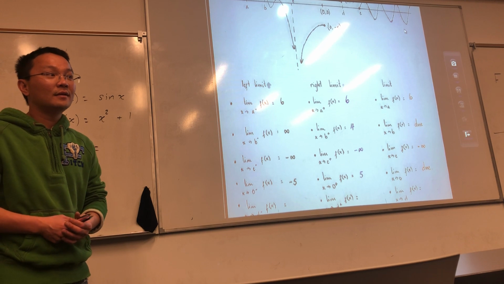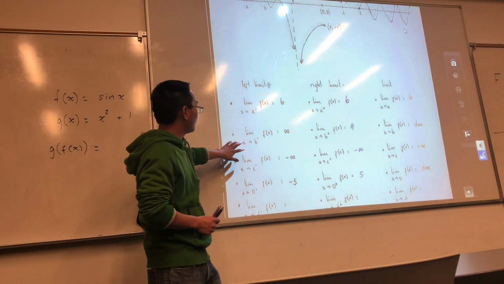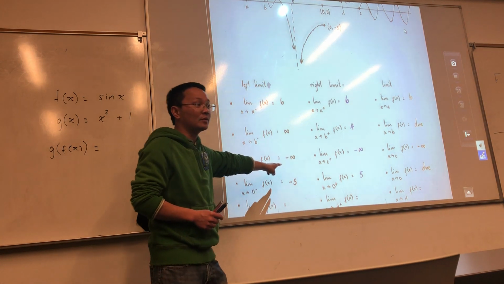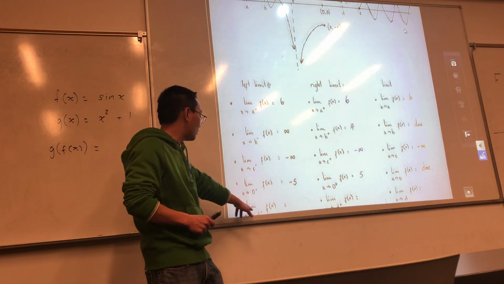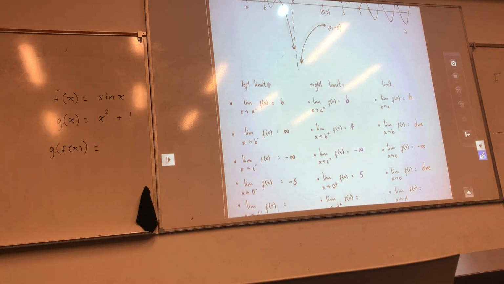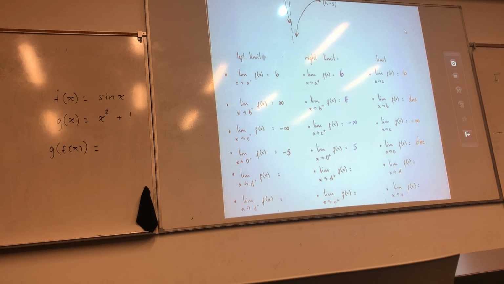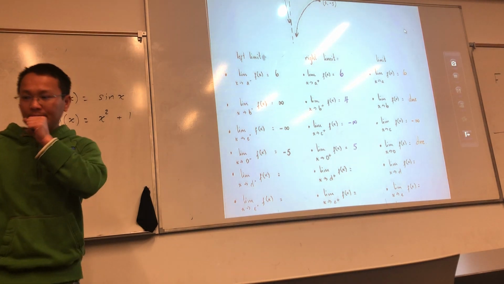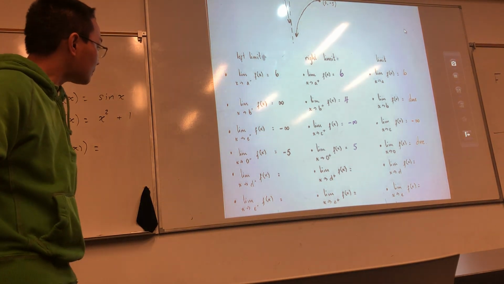Yeah? Okay, since we kind of flopped a little bit on the left limit, let's do one more to make sure. Is that okay? So let's do it for D. Alright, let's do it for D. What do we get for D?